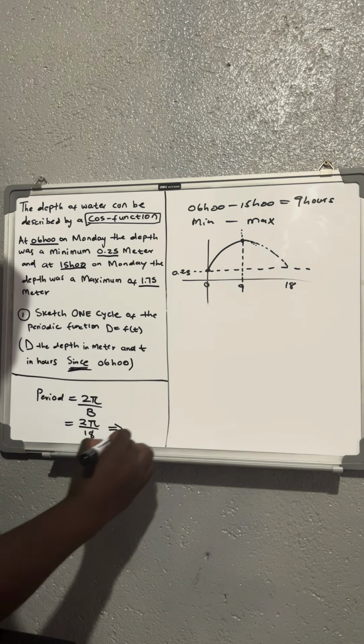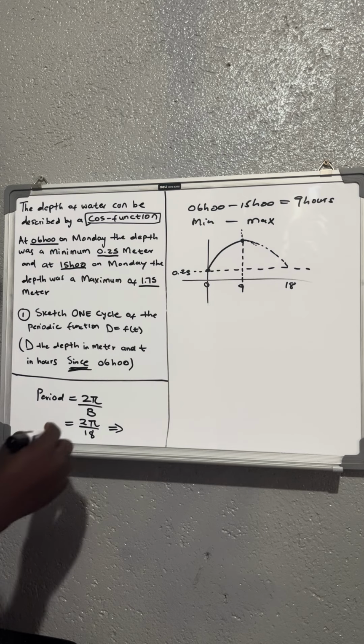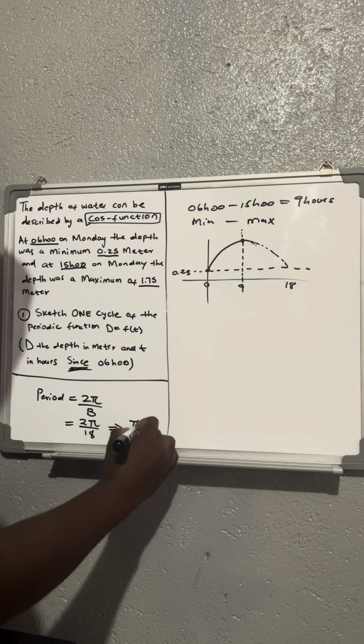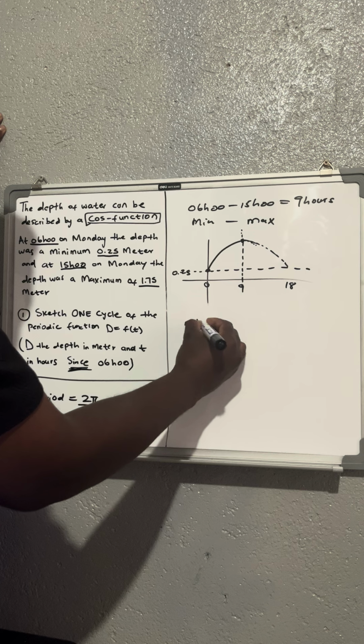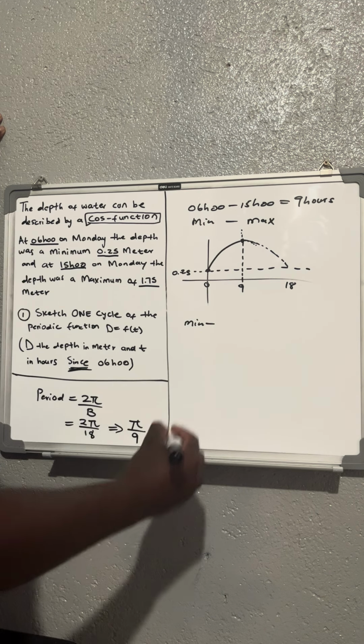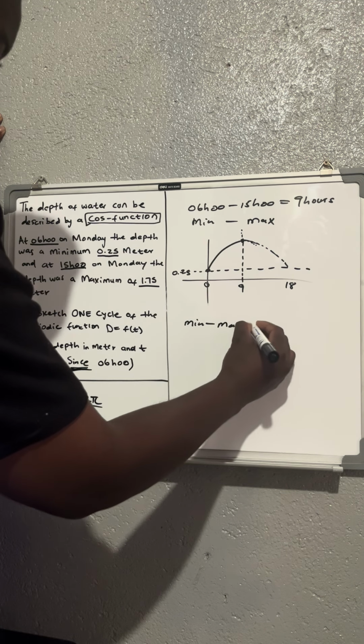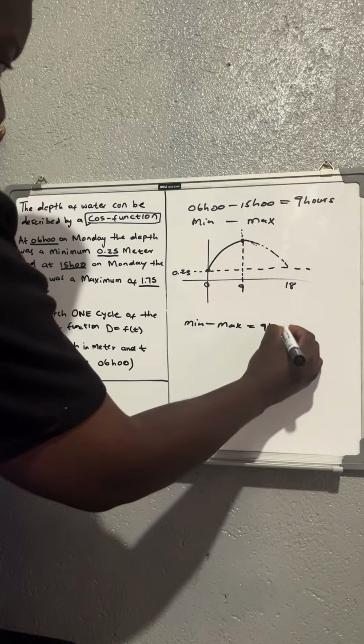This is the same as having your pi over 9 when you're simplifying it. Even if you try and use your formula, because you are moving from your minimum to maximum, and this gives you your 9 hours.